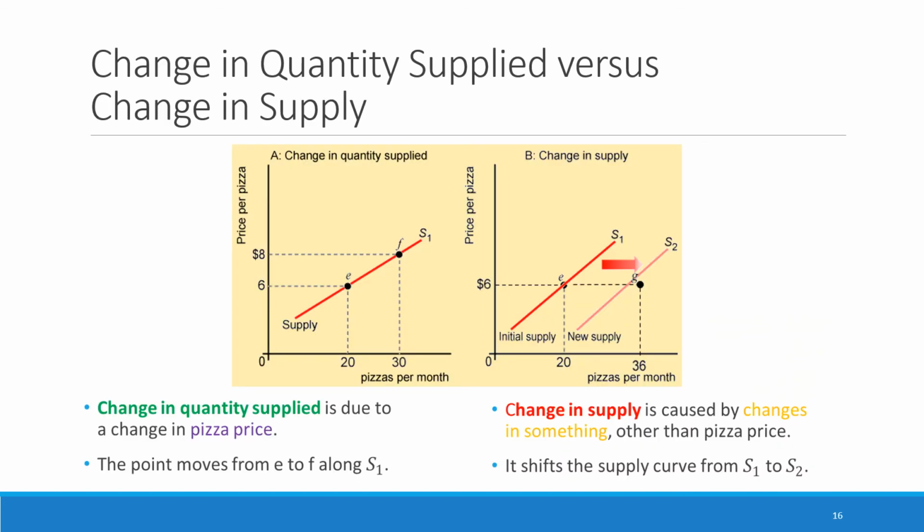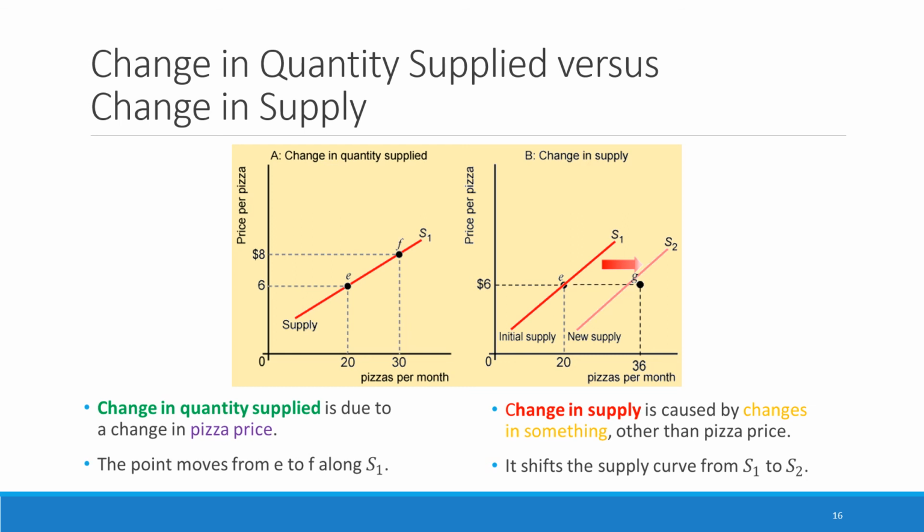In this section, it is important to differentiate between change in quantity supplied and change in supply. In Figure A, movement from point E to F along S1 shows change in quantity supplied from 20 to 30 pizzas per month. The change in quantity supplied is due to a change in pizza price from $6 to $8.